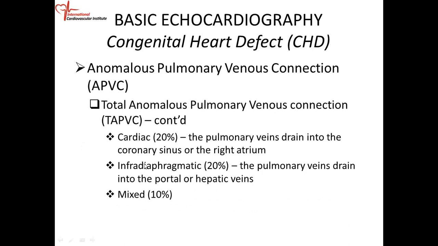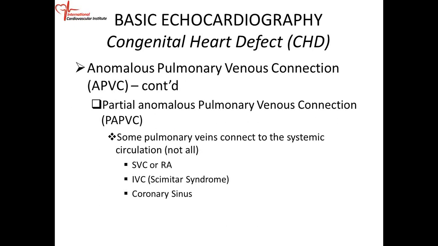And you can get what we call the infradiaphragmatic type, where the pulmonary veins drain into the portal or the hepatic veins. And you can get a mix, with the superior vena cava draining, the coronary sinus, or the hepatic. But you can have any combination. It can drain anywhere on the right side of the heart.